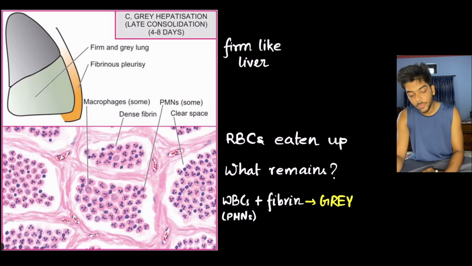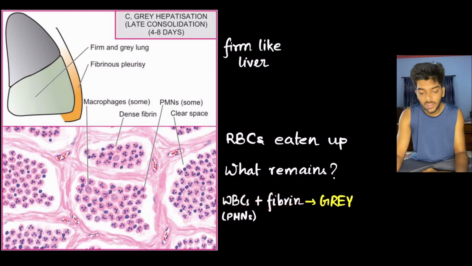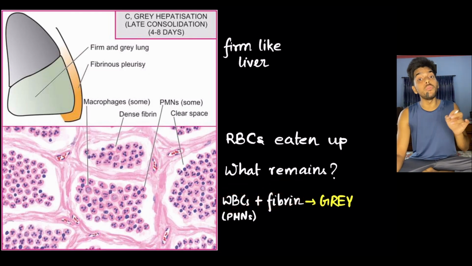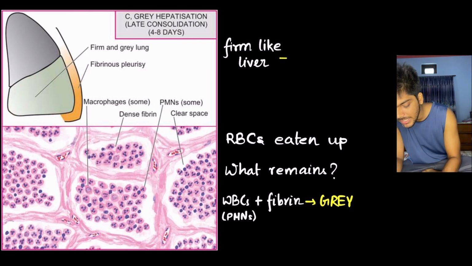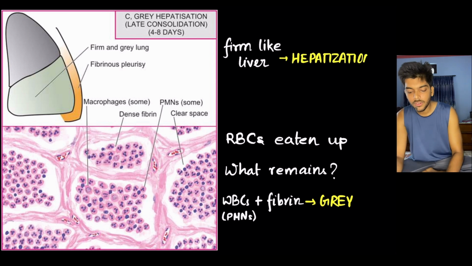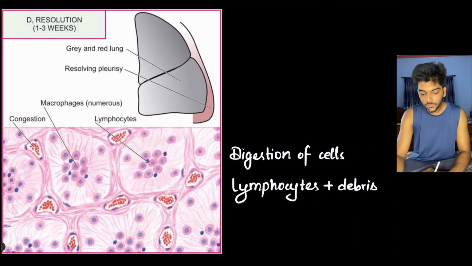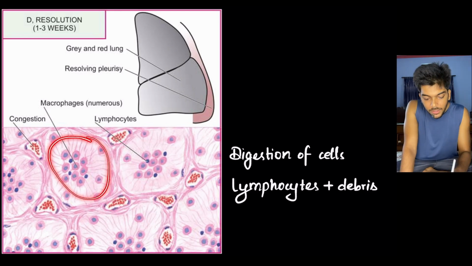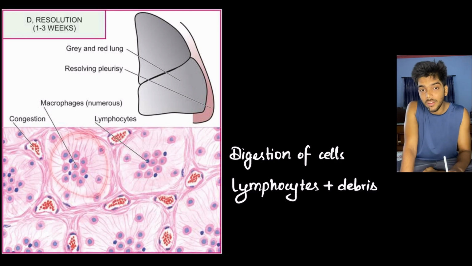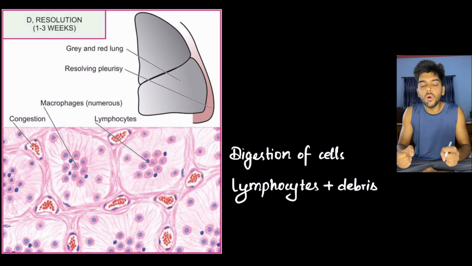Now it's just WBCs and fibers. RBCs are not there. Since the airspace is still filled with cells, the lobe of the lung is still firm, like liver. So this is called hepatization. So the name is gray hepatization.